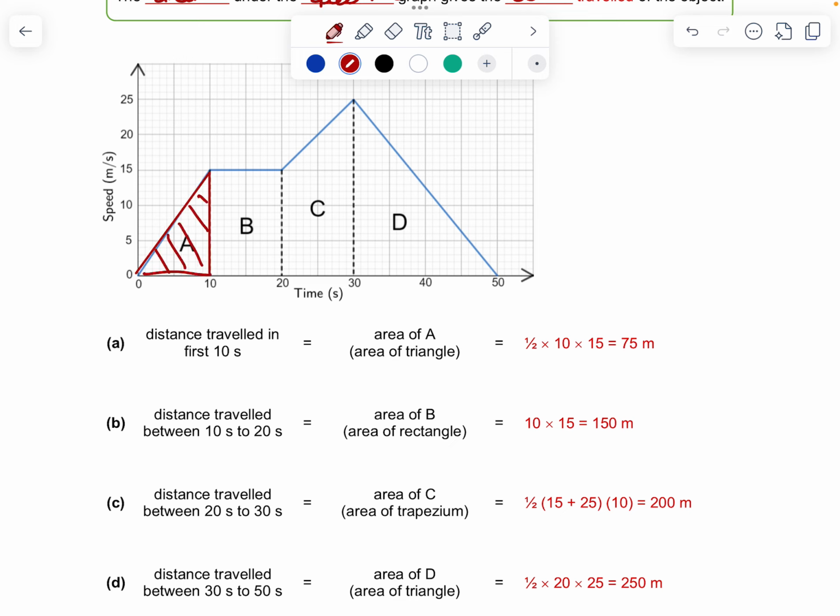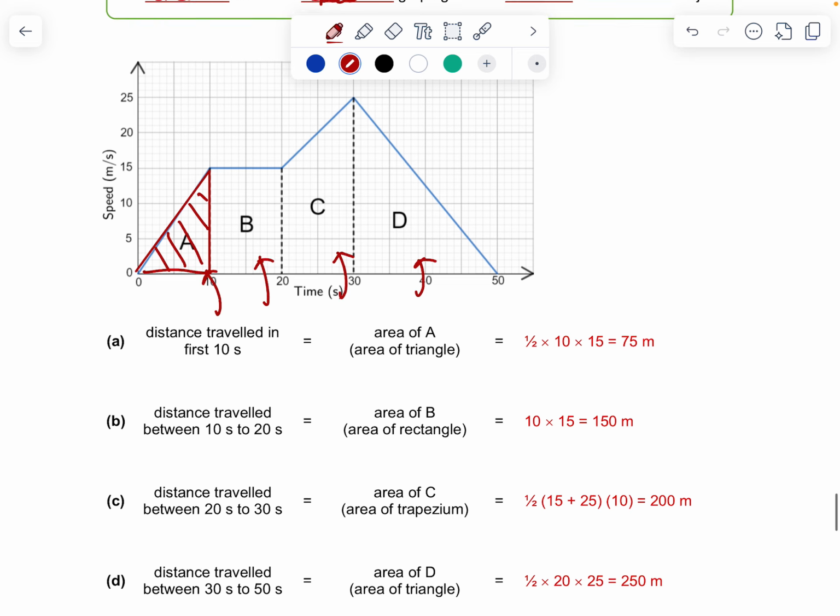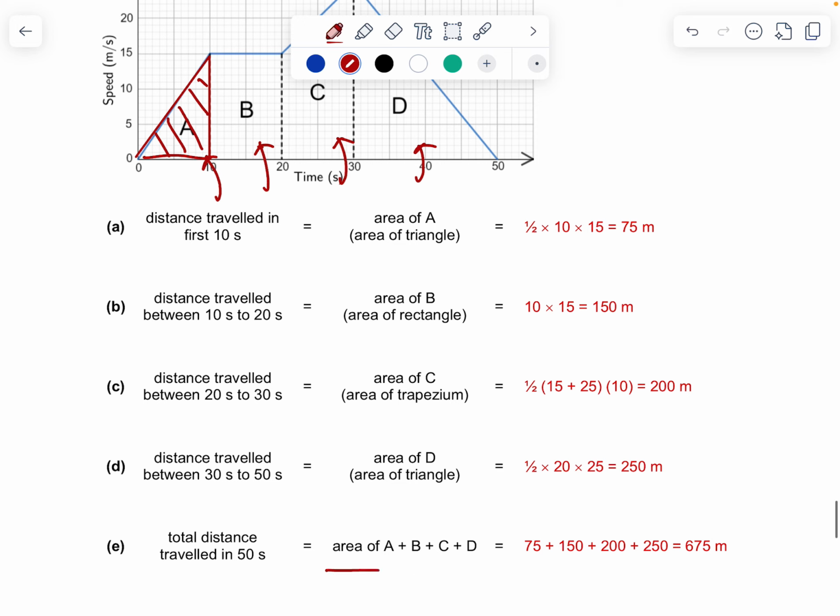You just need to find the area of the triangle to get the distance traveled in A. And to get the distance traveled in all A, B, C, and D, you just need to find the area under all the four portions and add them up together. That's the total distance traveled in t equals 50 seconds.